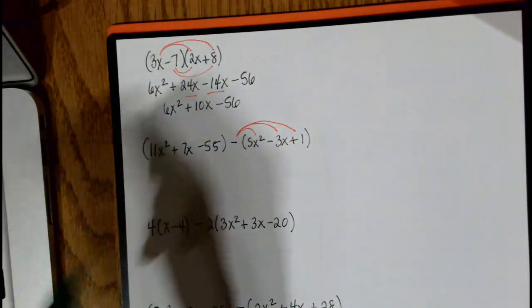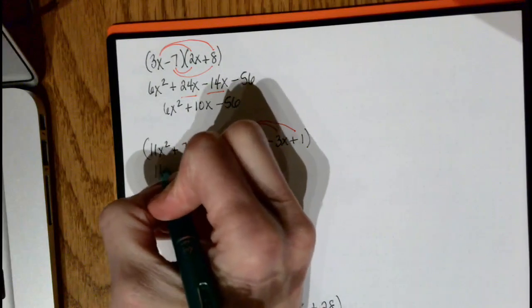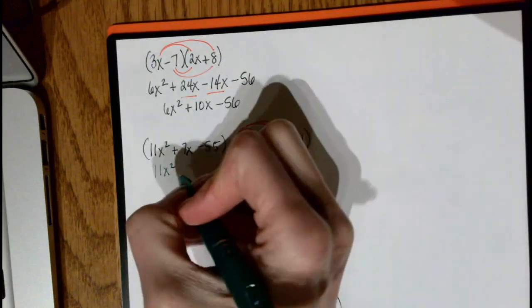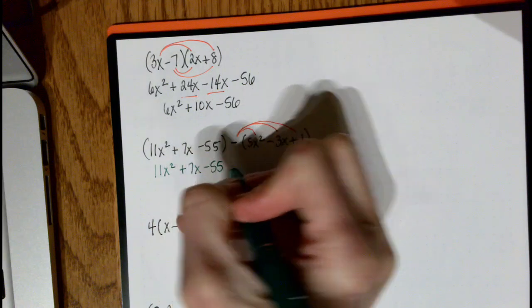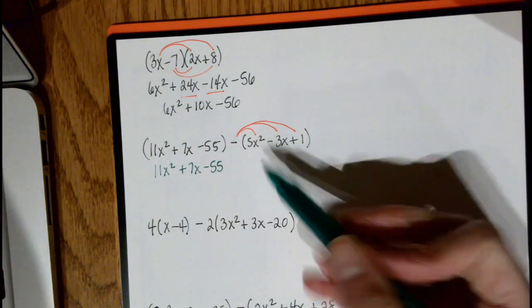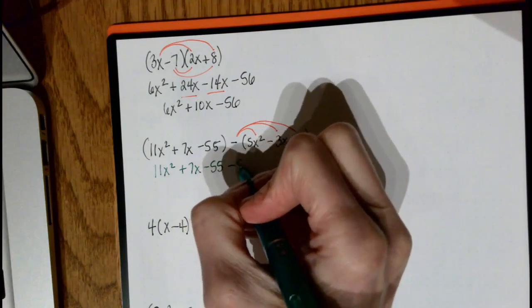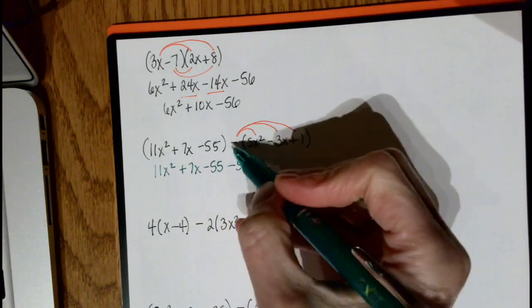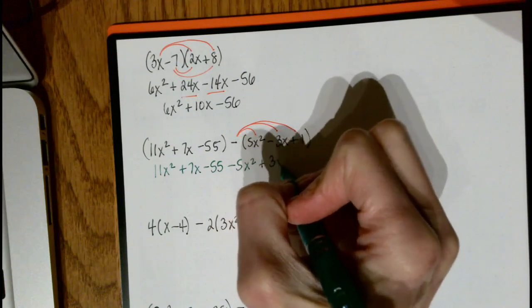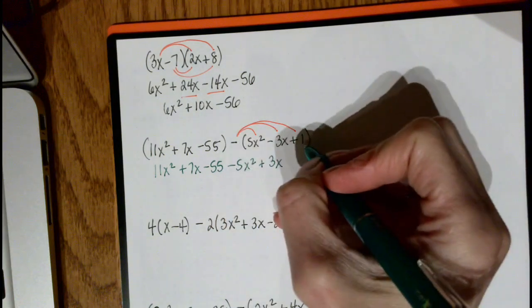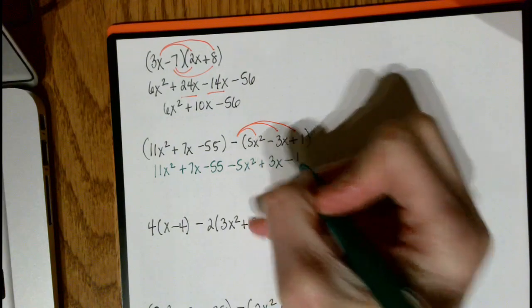We don't need the parentheses in our first term, so we're going to get 11x squared plus 7x minus 55 when we distribute. Negative times 5x squared is negative 5x squared. Negative times negative is positive 3x. Negative times positive 1 is negative 1.